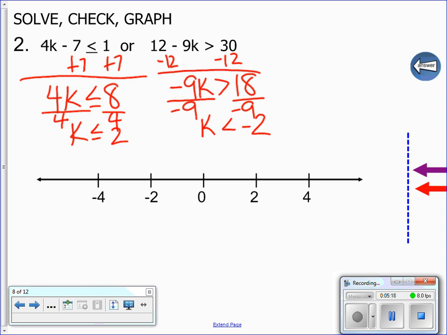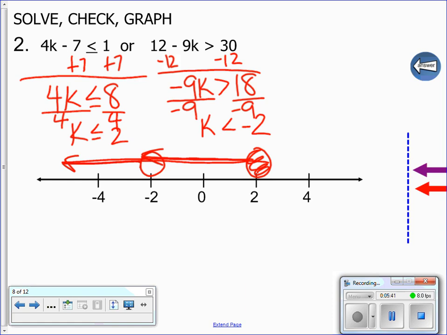So I'm going to graph this. This is an OR statement. So this one is filled in, and it's less than 2. And this one is open and less than negative 2. So when I write this, do you see that this first inequality sort of takes over this one?